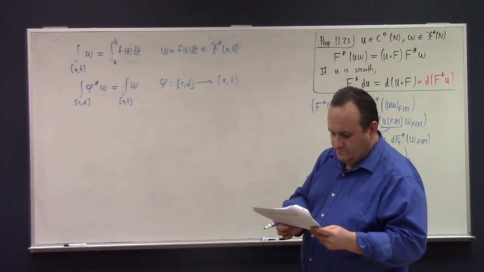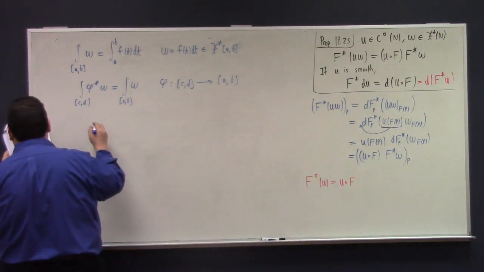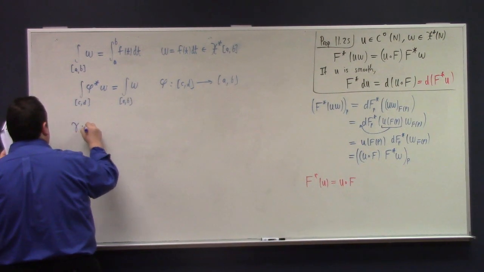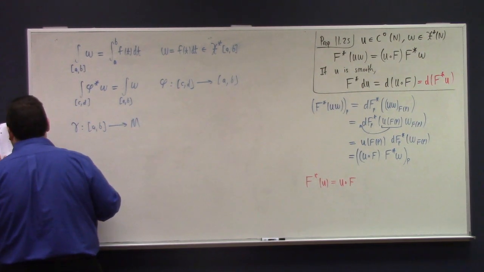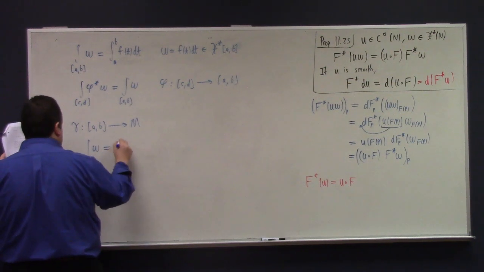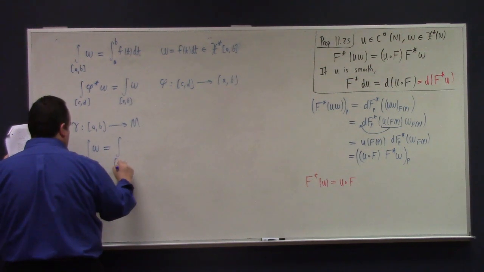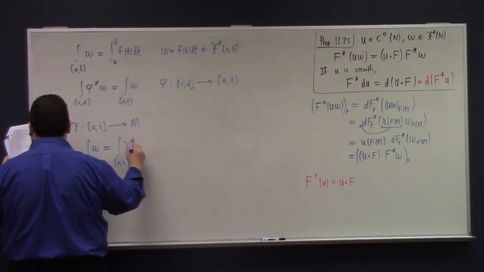He then proves that if you have a smooth curve from A to B in a manifold, then we can talk about the line integral of a covector field along this curve to be simply the integral from A to B of the pullback under the path of omega.